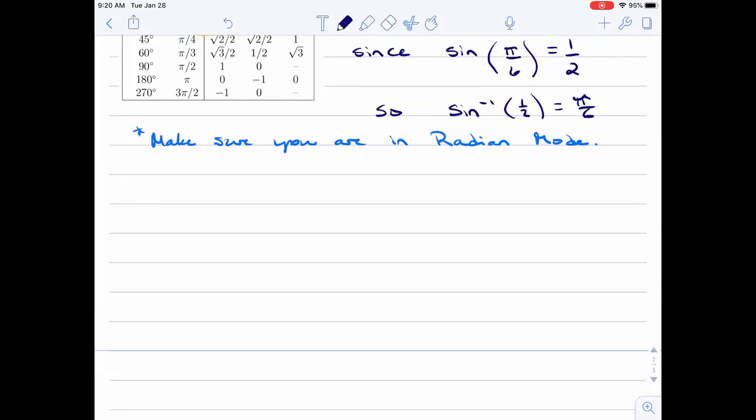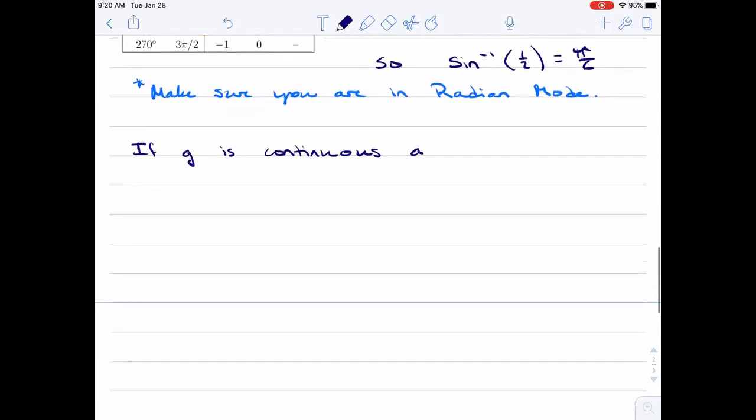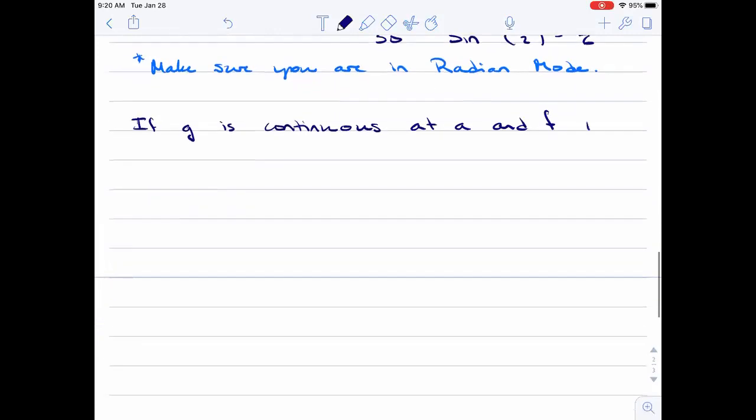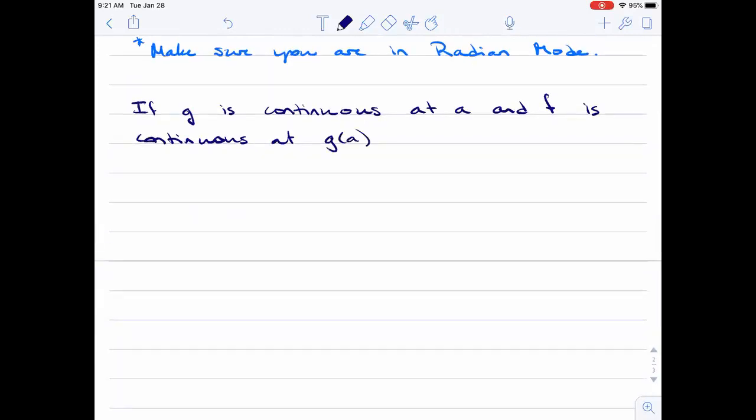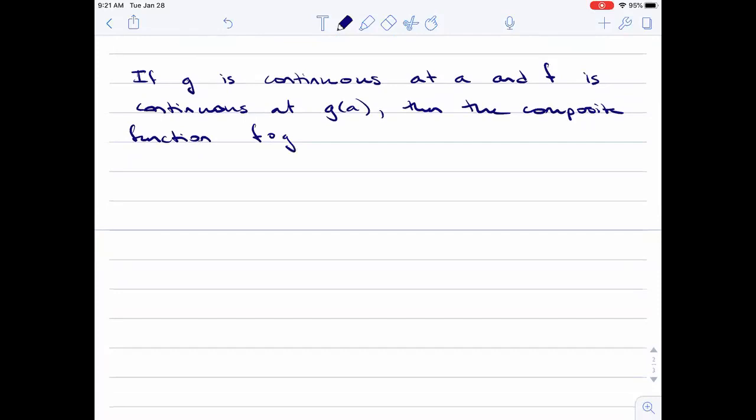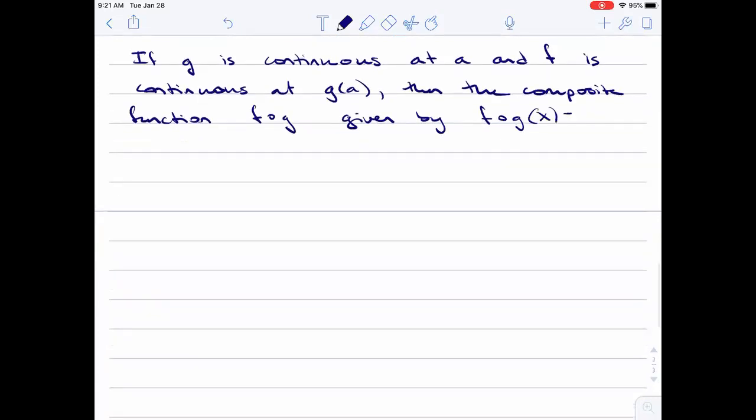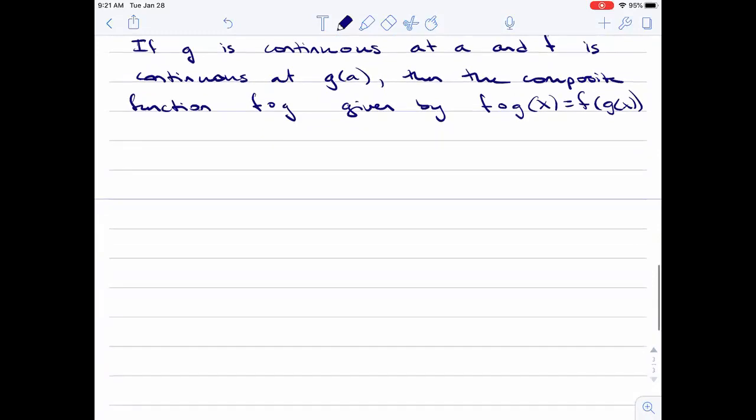F composed with G. And so if G is continuous at A and F is continuous at G of A, then the composite function F composed with G, given by F composed with G of X, which is the same as F of G of X, is continuous at A. Usually when I'm reading function compositions, I just read the little circle as "of," because it's the same, right? So F of G of X is continuous at A.